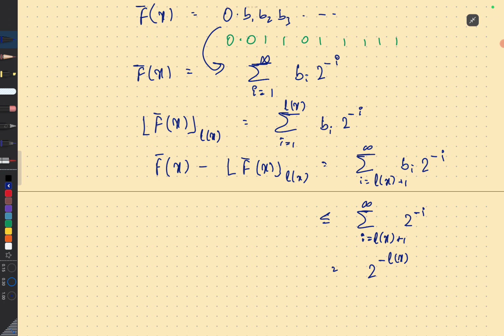Now 1 over 2 to the L of x prime is less than or equal to p of x prime divided by 2. So this quantity is greater than or equal to f bar of x plus p of x by 2 plus p of x prime by 2 minus p of x prime by 2 minus f bar of x. In fact, this is strictly greater than.